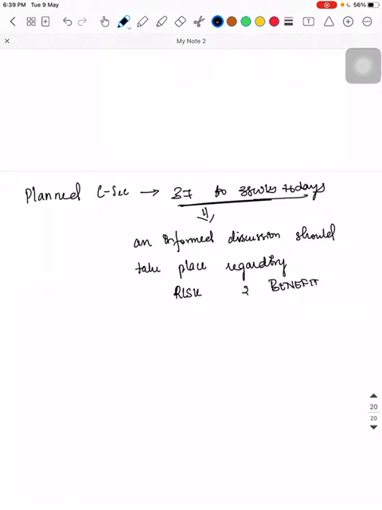What are the risks? The child can develop hypoglycemia, and there can be potential harm to fetal brain development.